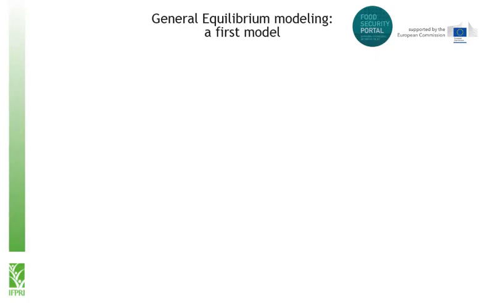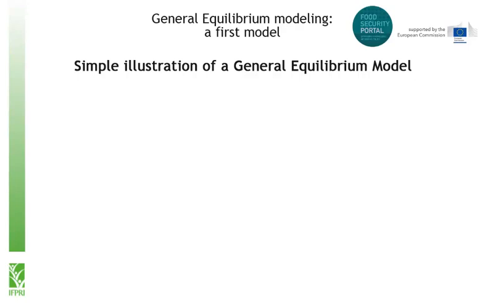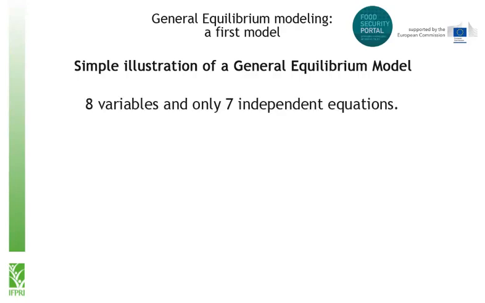So there is a problem with this model because in fact we've got 8 variables and only 7 independent equations. So it means that there is not enough information to find a solution. It's exactly like a mathematical problem with only one equation, which could be, for example, x plus 2 times y equals 4, and 2 variables, x and y.